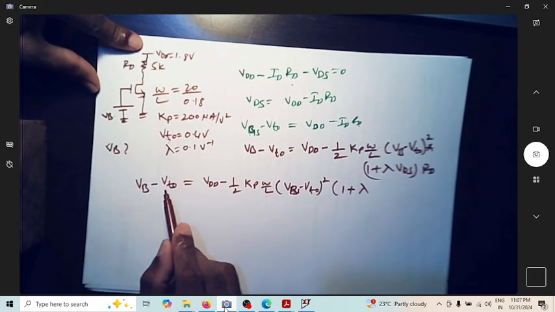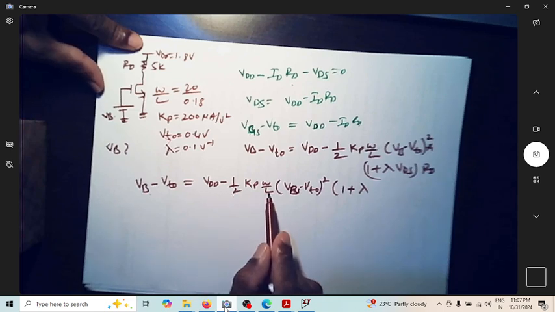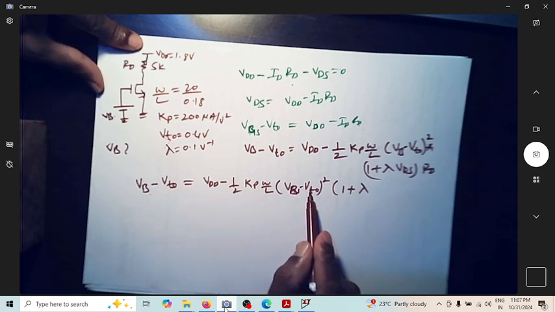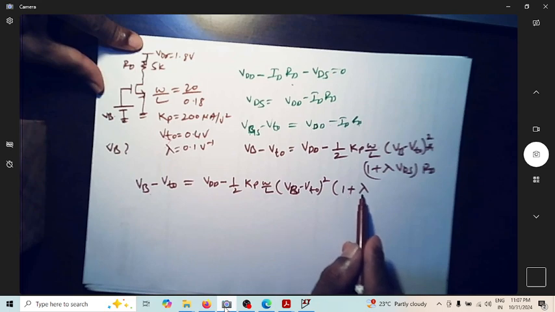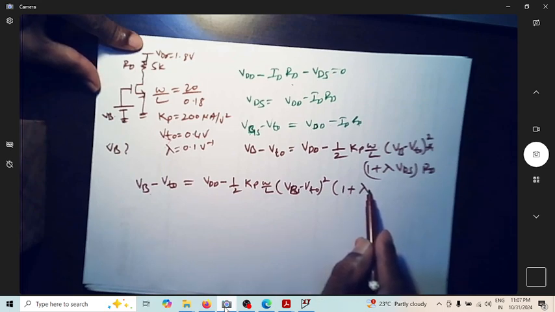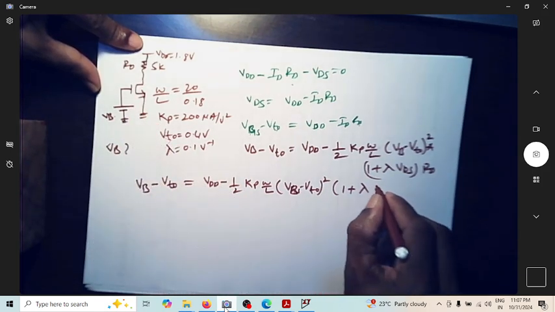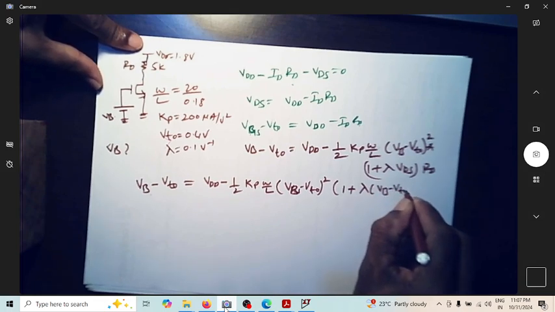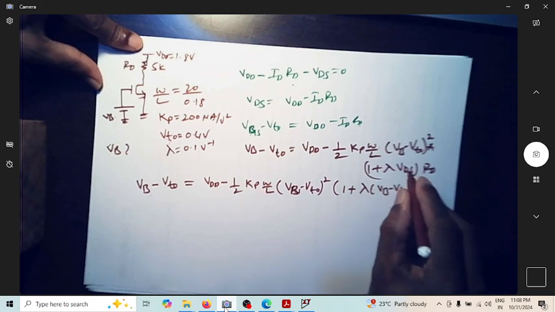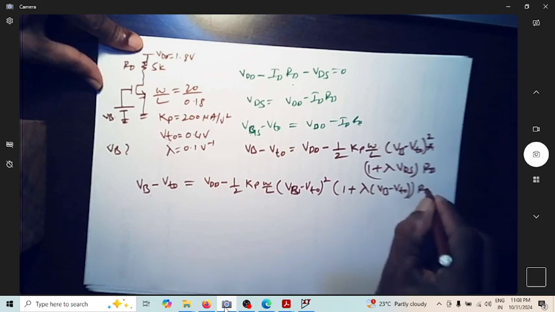So it is VB minus VTO is equal to VDD minus half Kp W/L (VB minus VTO) whole squared (1 plus lambda, and I need to replace VDS). Because we are looking for VDS at saturation, I can write this VDS as VB minus VTO, and multiplied by RD.